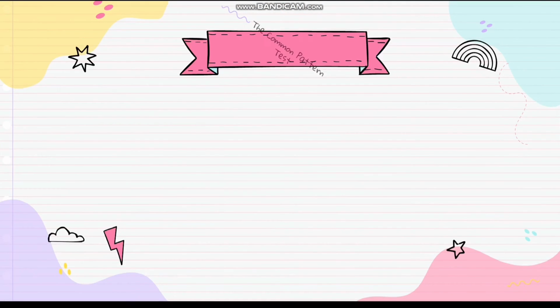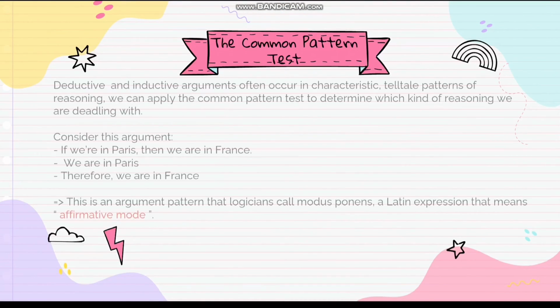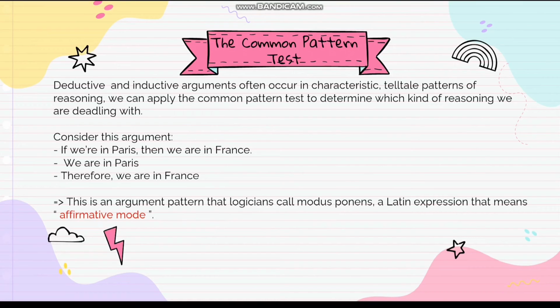The common pattern test. Deductive and inductive arguments often occur in characteristic patterns of reasoning. We can apply the common pattern test to determine which kind of reasoning we are dealing with. Consider this argument: if we are in Paris, then we are in France.